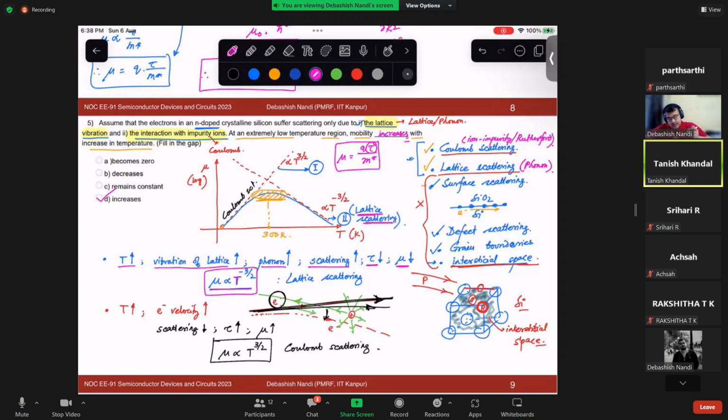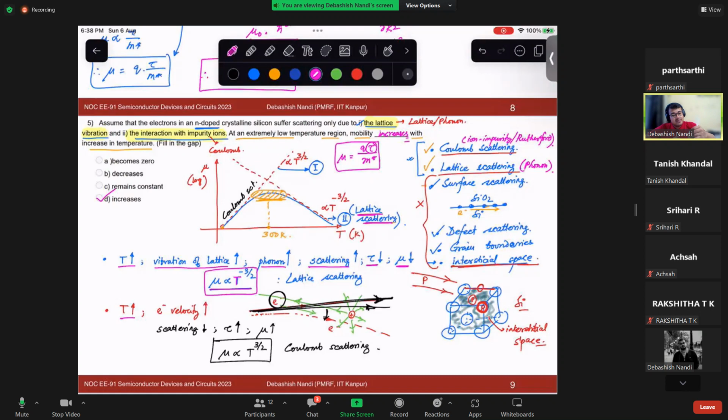Similarly, for the Coulomb scattering part, when temperature increases, the electron thermal velocity will also increase. The electron will roam around the crystal with more velocity. If it roams around with more velocity and sees some positive charges at some other point, it will get less disturbed by those positive charges.